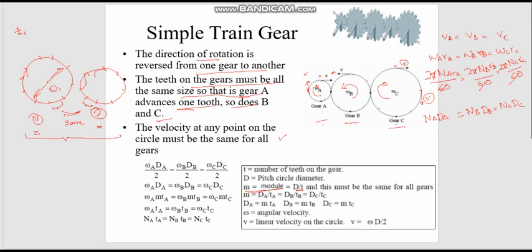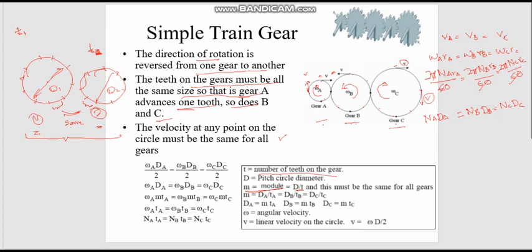Similarly, gear two has T2 teeth, where T refers to the number of teeth in the gear, and it has a diameter of D2.